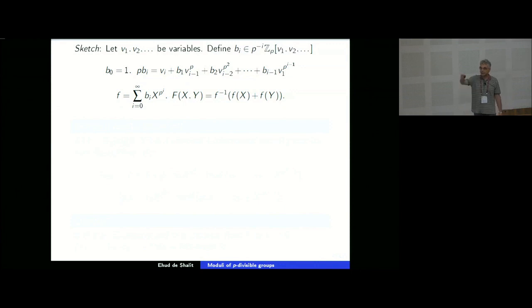And you make out of these B's a power series F, which is a summation of BI x to the P to the I. So it has very sparse coefficients. And you use this F as a logarithm in characteristic 0 to build a formal group law F.